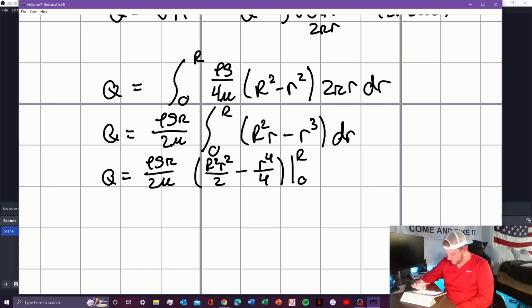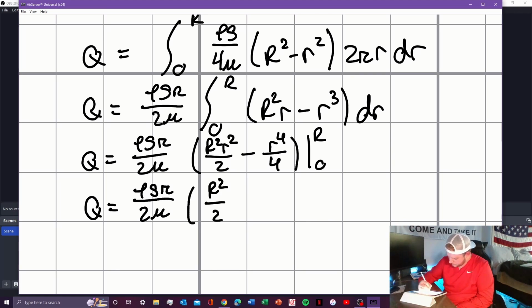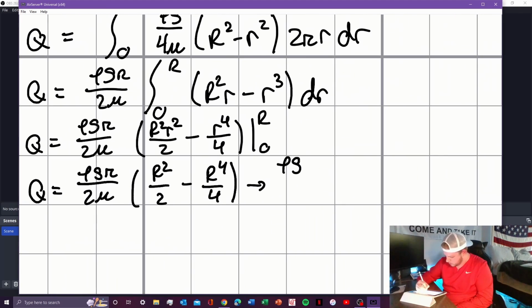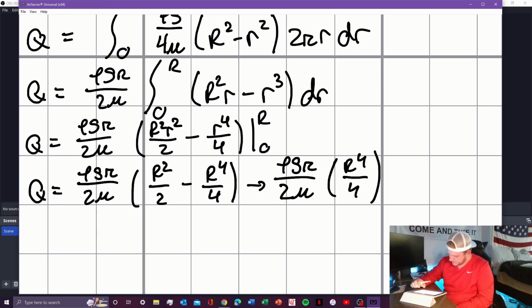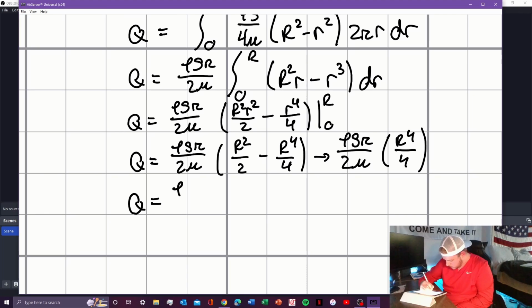Now when we solve for that, it's just big R, so Q is equal to pi rho g over 2 mu times big R to the 4th over 2 minus big R to the 4th over 4, which simplifies down to pi rho g big R to the 4th over 8 mu.